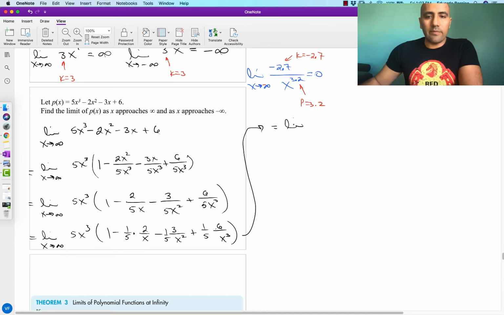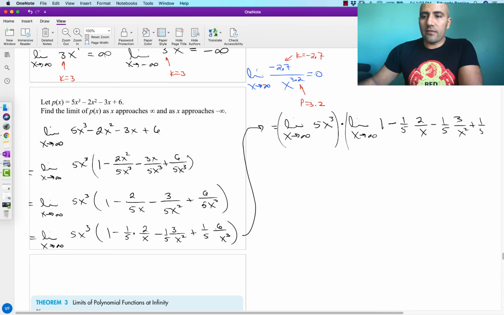Okay, so this would be equal to the limit as x approaches infinity of 5x to the third power times the limit as x approaches infinity of this part, which is the 1 minus 1/5 times 2 over x minus 1/5 times 3 over x squared plus 1/5 times 6 over x to the third power.